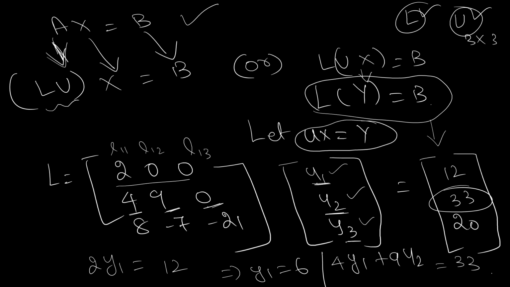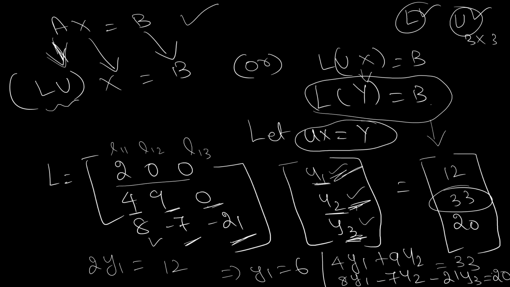That is nothing but 33. So I am equating this. Similarly, what is the last equation? 8y1 minus 7y2 minus 21y3 is equal to 20. There is no place to write the last equation, but I'll manage to write it here: 8y1 minus 7y2 minus 21y3 is equal to 20.